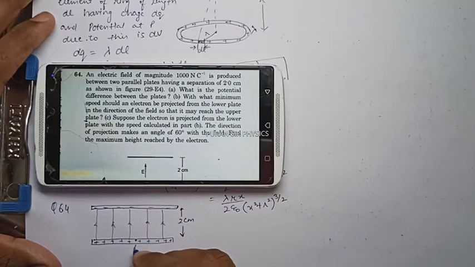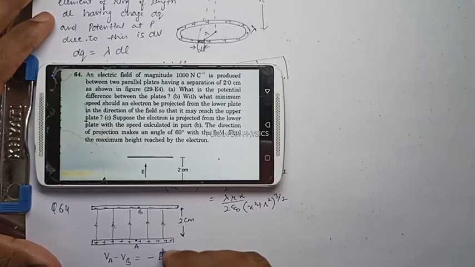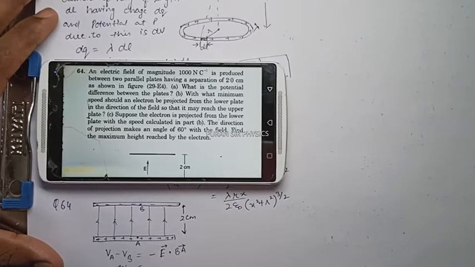So if this is point A and this point is B, so VA minus VB will be negative E dot BA. The change in potential, the potential difference, will be minus.